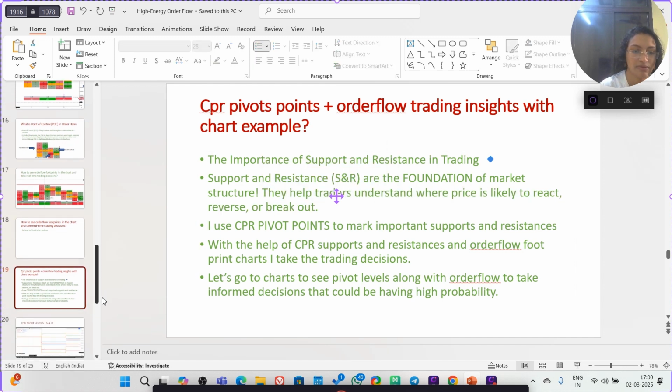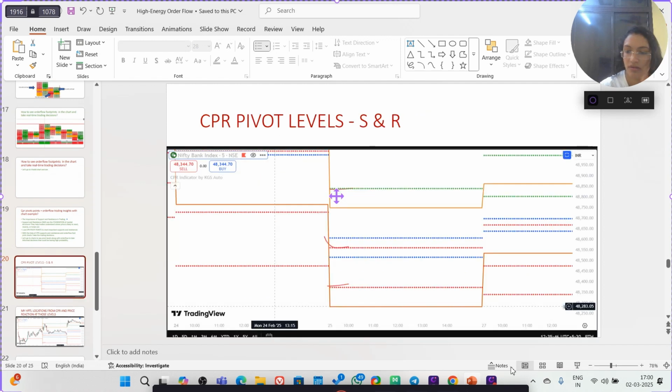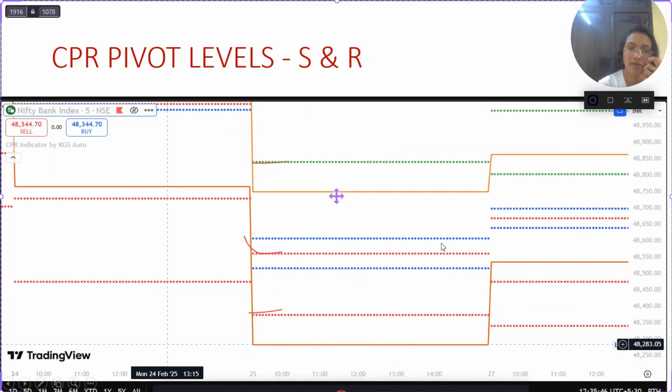So, the next one. These are the important CPR pivot levels, supports and resistances. These red lines show that I'm interested in taking the trade in a bearish way. Okay, I am bearish in the market.